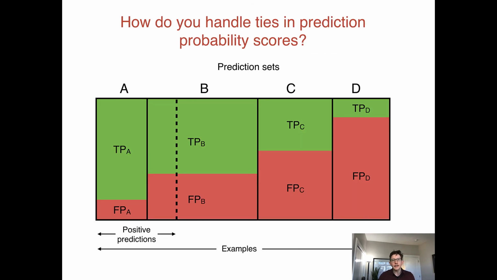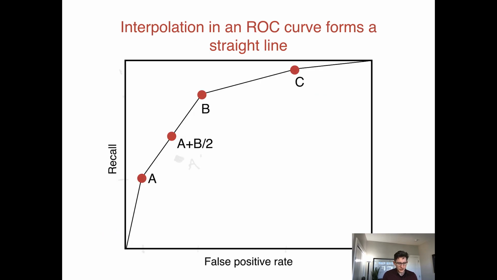Now, the key insight here is that if we want more predictions than we get from just set A, but fewer than we get from set B, we can just take A plus some random subset of B, and that gives us this larger set of positive predictions. So I've written this as A plus half of B.